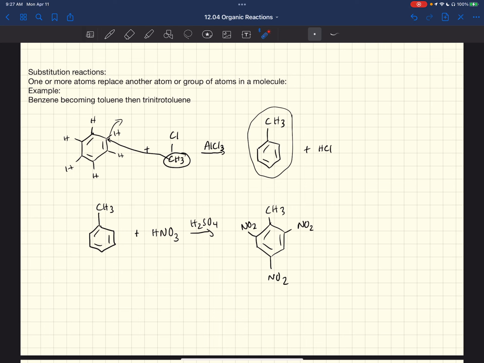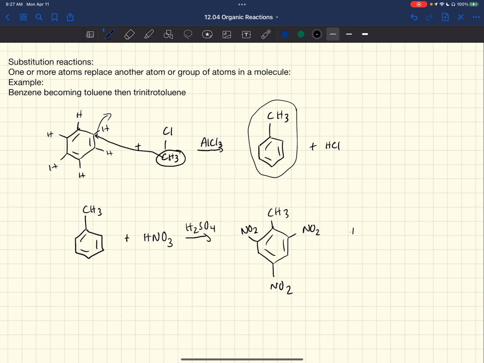We also make a bunch of waters. And that makes what's called trinitrotoluene, or for short, TNT, which, yes, it is that TNT. That's the explosive. So, yeah, substitution reactions, very, very common.